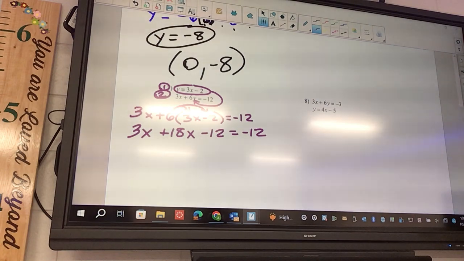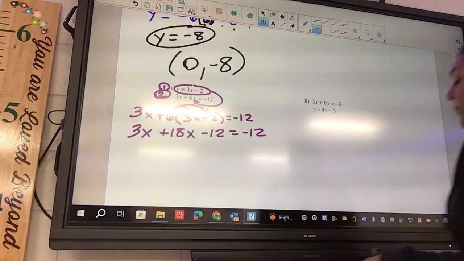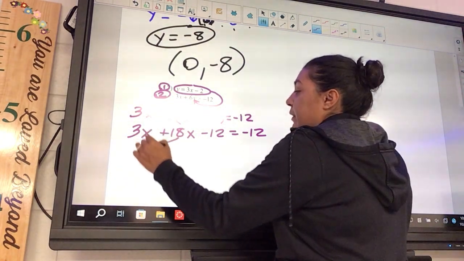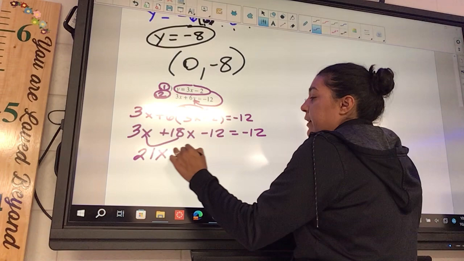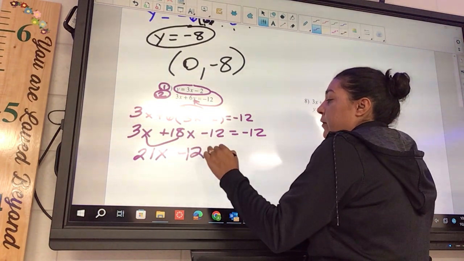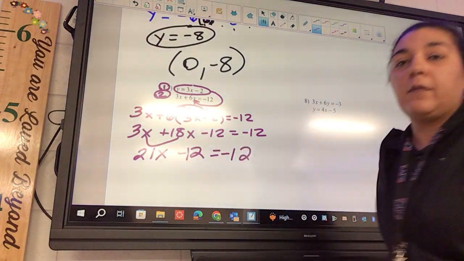Okay, and then what needs done? We're going to combine. Well, what are you combining? The 3 and 18. So it's going to give me a 21x minus 12 equals negative 12.